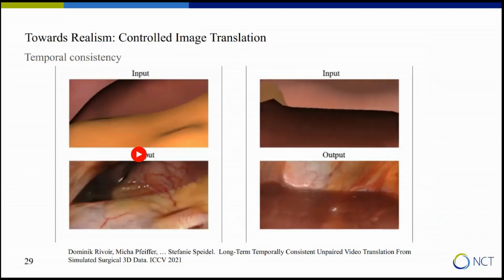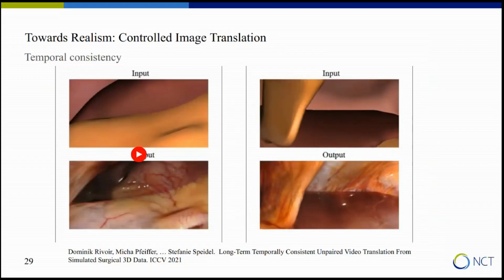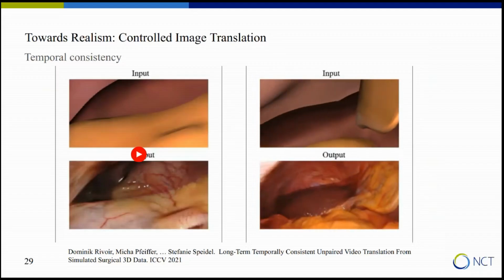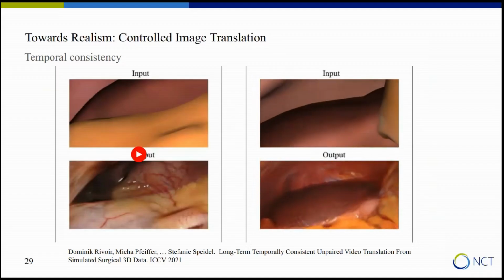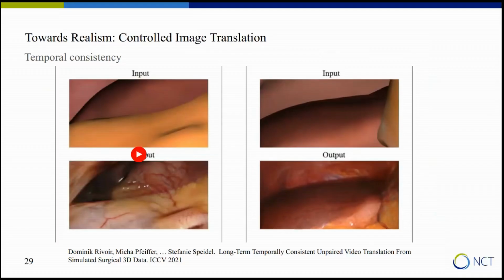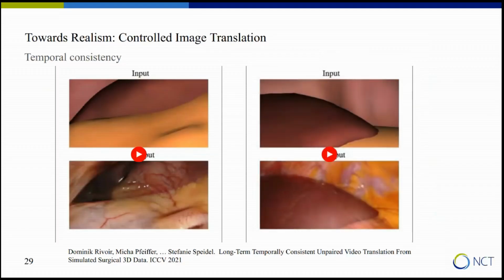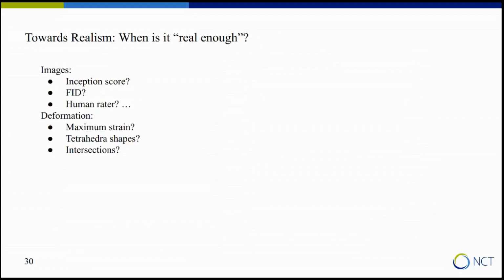So here you can see that there are regions on the liver surface or on the ligament, for example, which are definitely kept consistent over time. So those are some things we're trying to improve on. One question we keep on posing ourselves: when is it real enough?